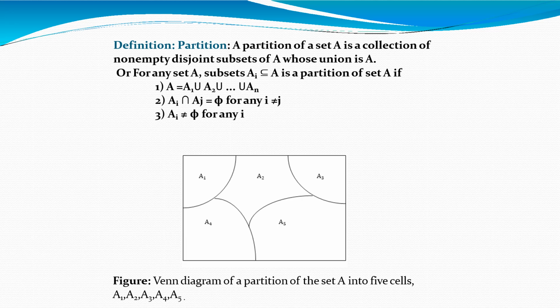Secondly, AI intersection AJ is phi for any I not equal to J, meaning distinct subsets are disjoint, and third, AI is non-empty for any I.